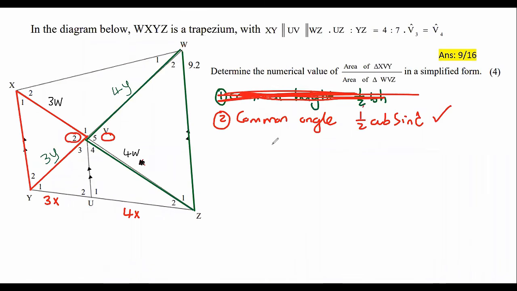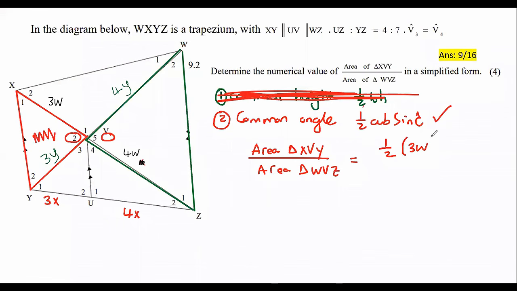So what we can go do then is say that the area of triangle XVY over the area of triangle WVZ is going to be a half. Now we're going to use the area rule on this red triangle. So that's going to be a half times 3W multiplied by 3Y multiplied by the sin of angle V2.